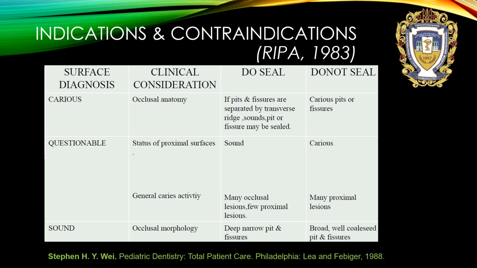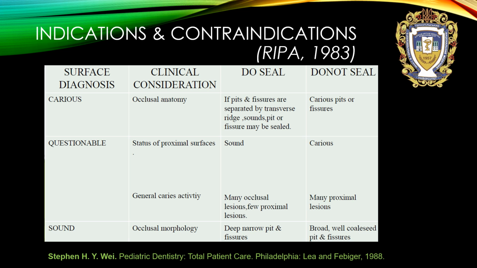The three main groups of teeth: with caries, questionable or sound. With this table we can take a decision according to clinical consideration on what we need to do: seal or don't seal.